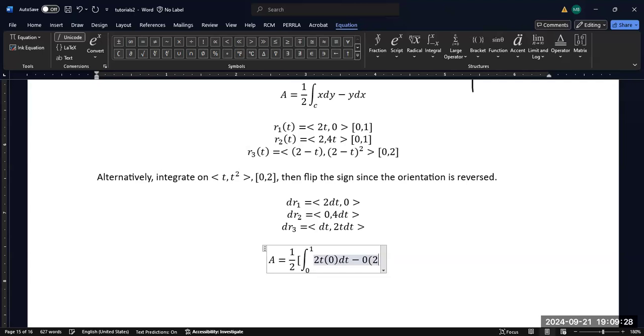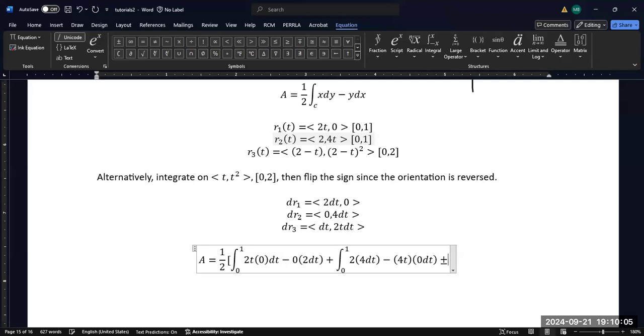Dx is 2 dt. That's 0. So then plus, here's my integral, 0 to 1. Now on this one, x is 2 and dy is 4 dt, minus y is 4t, but dx is 0.